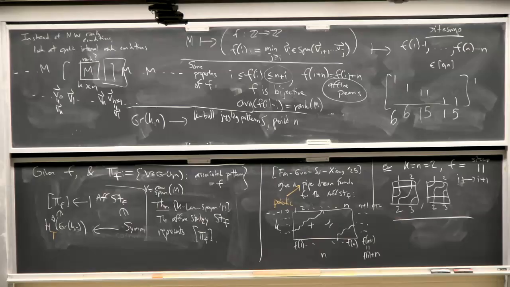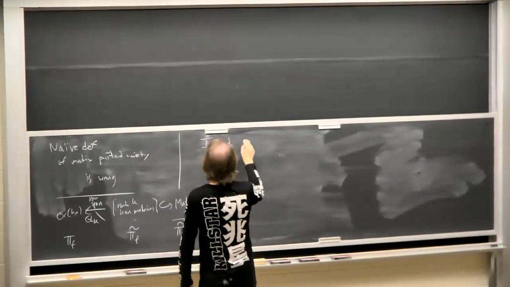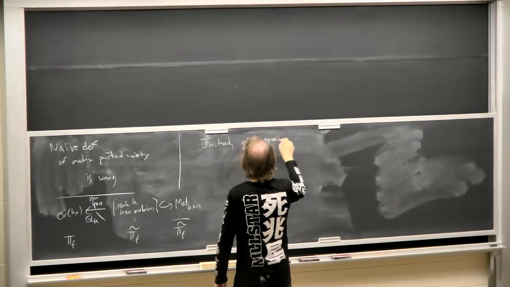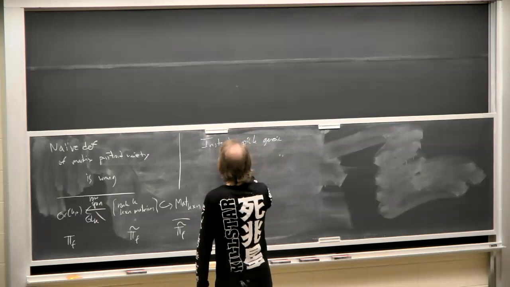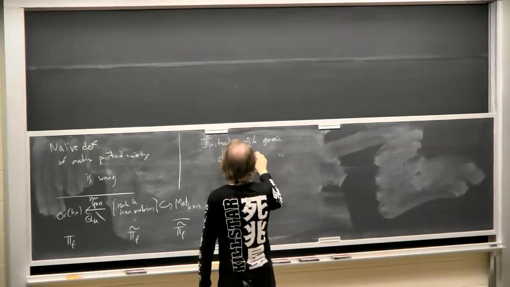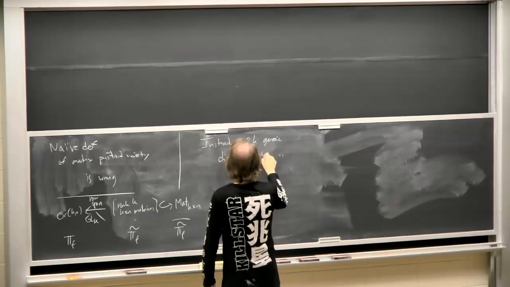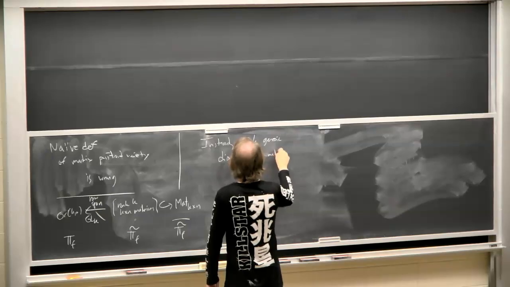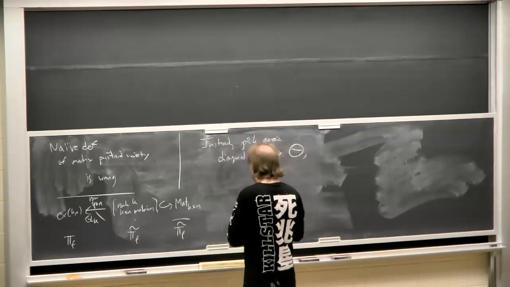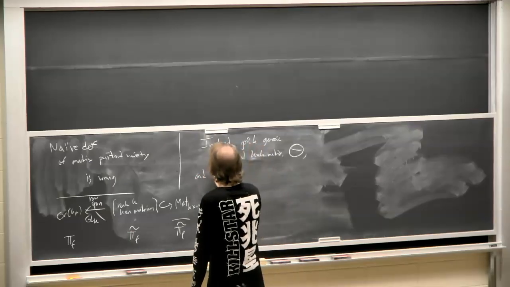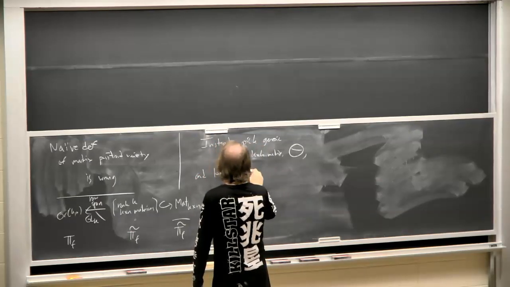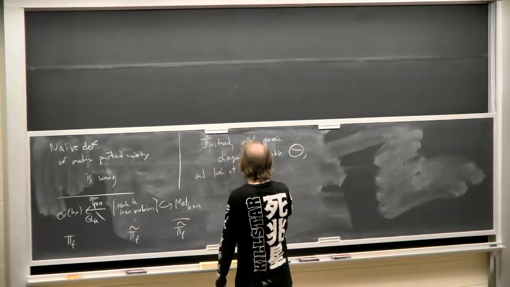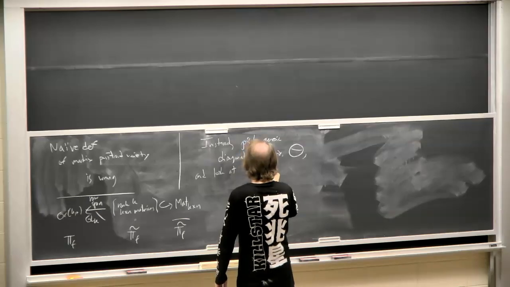So instead, we pick a generic diagonal matrix theta, K by K matrix. And look at interval ranks.